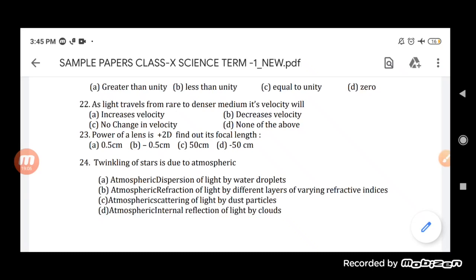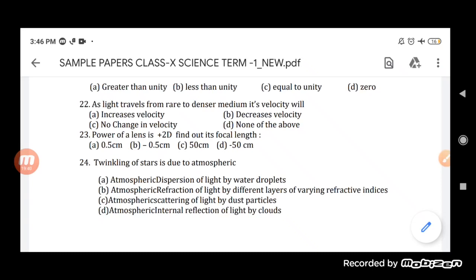Then question number 24 is here. Twinkling of a star is due to. Basically, the stars twinkle due to atmospheric refraction by different layers of varying refractive indices. A lot of different refractive indices are there, students. So when the ray of light from the stars enters the atmosphere, it undergoes a lot of refraction, and these different layers cause the change in refractive index, and the twinkling of the stars occurs from it.